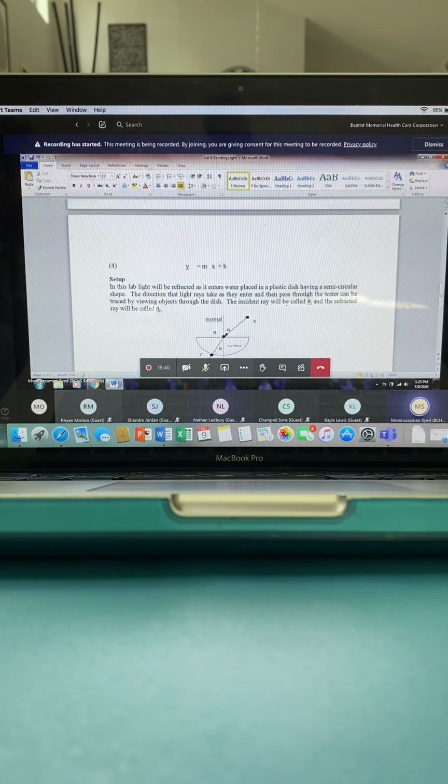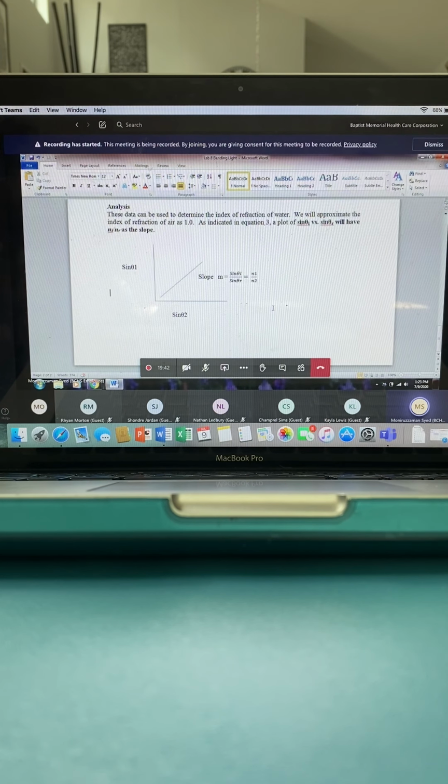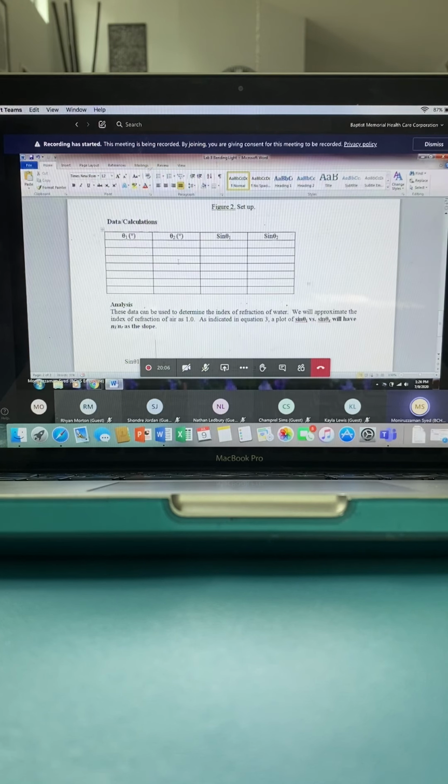I'm going to show you how to collect one set of data and how to reach the conclusion from there. I will go through it, and you need to follow it very closely. Then you have to do the experiment and create another set of data by yourself, everybody. So this is the data table we need to fill out.